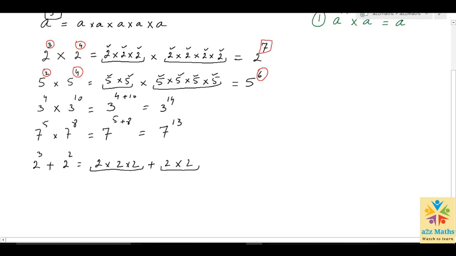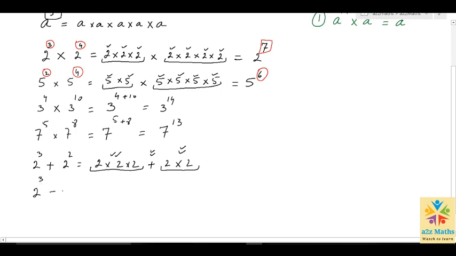Remember BODMAS: first I do the multiplications and then the addition, so this is not possible when there is an addition sign between the two numbers. The same is the case with subtraction.